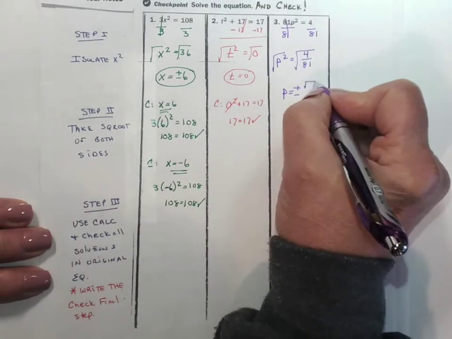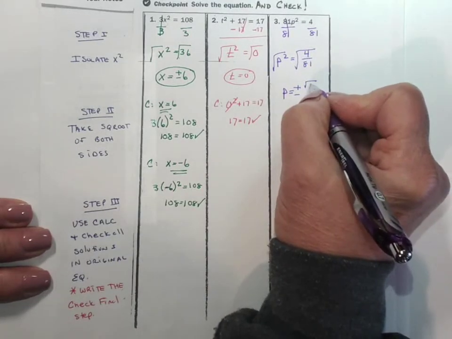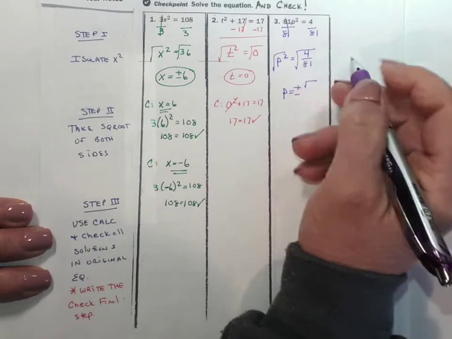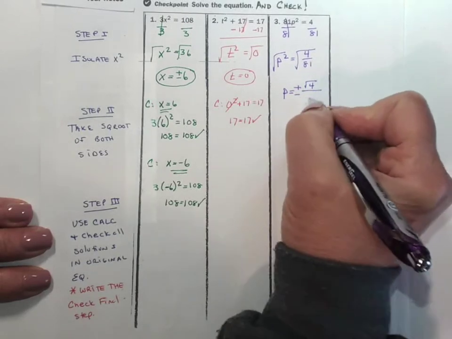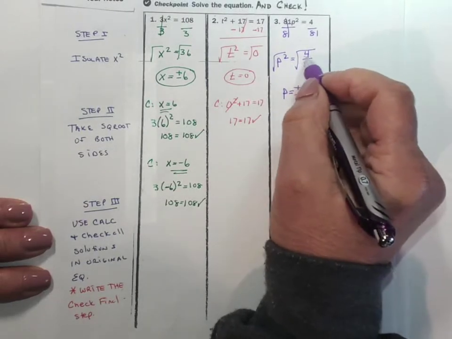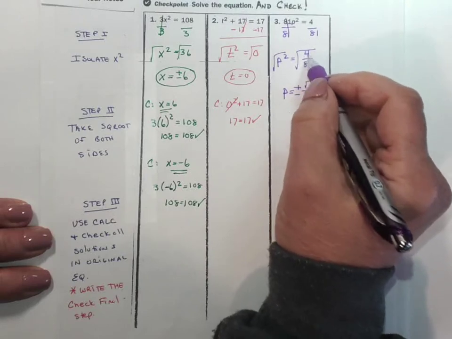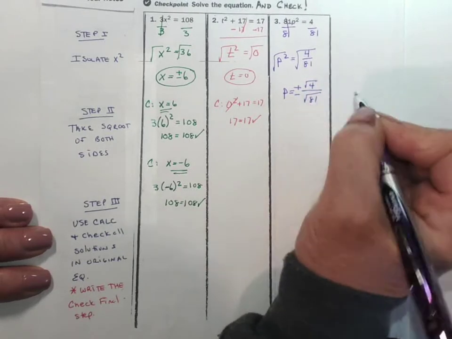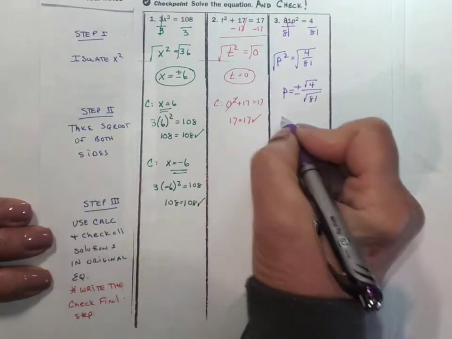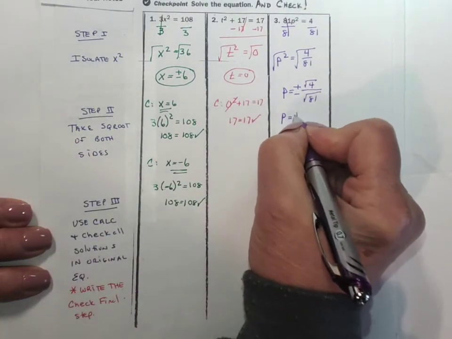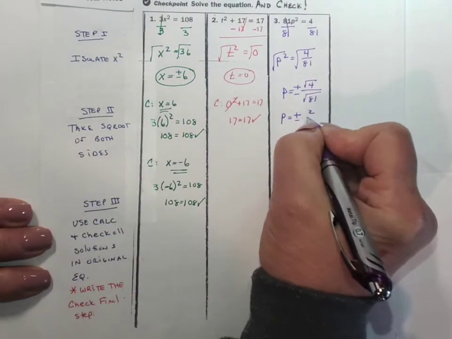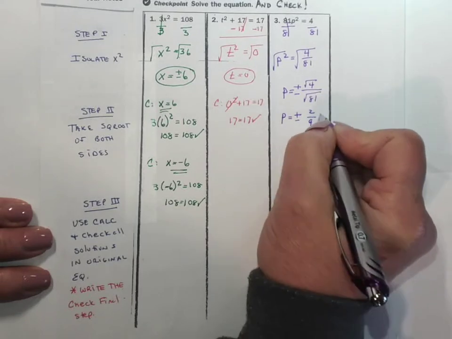I want you to get used to, because we're going to be simplifying radicals, that you can take this and break the numerator and denominator. So p is equal to plus and minus 2 over 9.